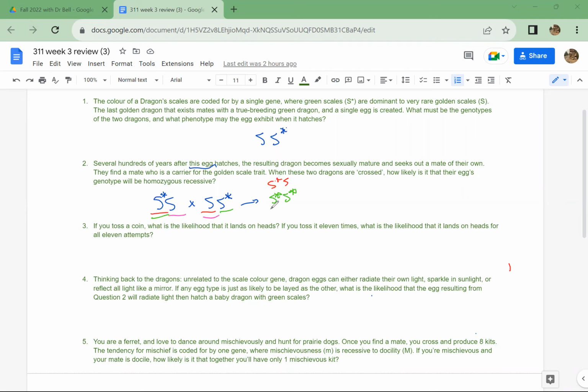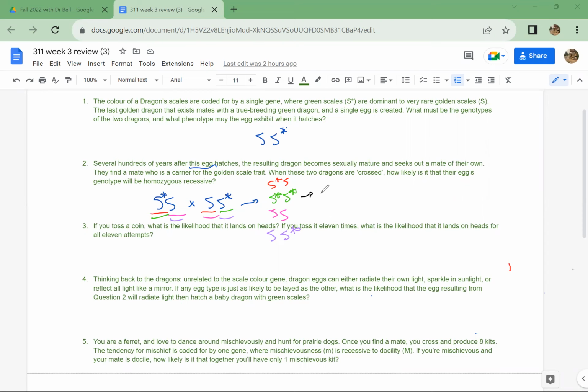This one combining with this one, giving us SS, or this one combining with this one, giving us SS star. And so when we look at these, we see that we have one individual who has two S star alleles.